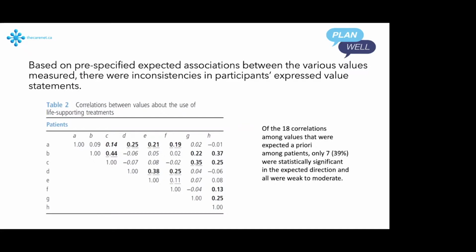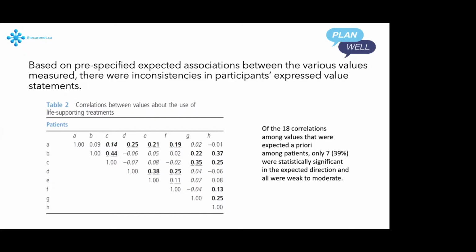Looking at those different values ratings, we came up a priori with various relationships, how this value of preserve life at all costs might relate or correlate with a value that says, oh, comfort is the most important. So for example, that would be an inverse correlation, and probably strongly inverse. And so we were able to do that for all of these different values.